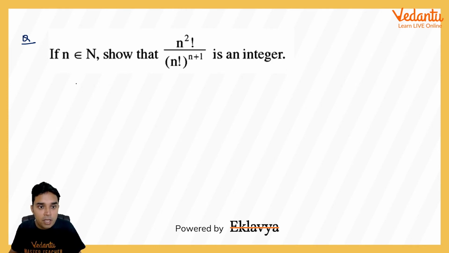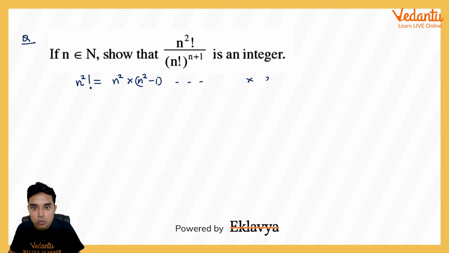Okay, so n square factorial means you can write this as n square into n square minus 1 and so on up to 2 into 1. So these are n square integers, you can see, and I think we can write them as n square into n square minus 1 and so on, up to n square minus n plus 1.